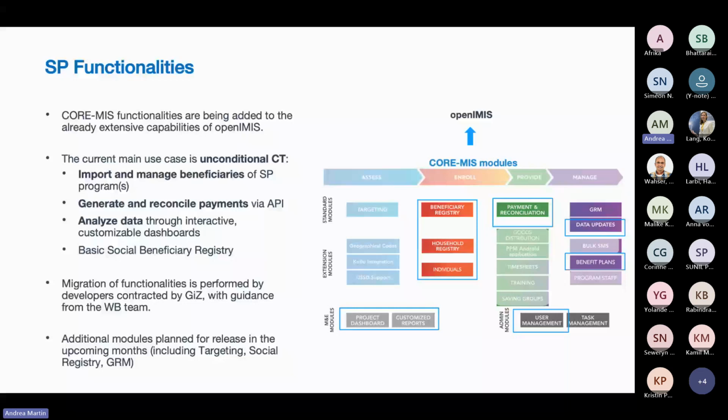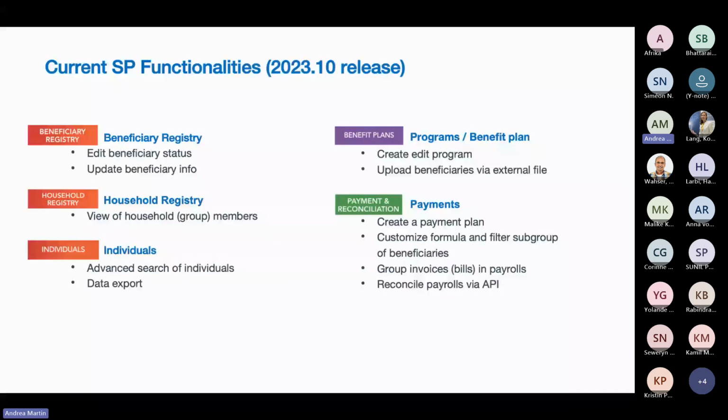So to recap, the current functionalities which have been included in the 2023.10 release are the beneficiary registry, which allows editing and updating of beneficiary information, and the household registry, which allows viewing individuals which are part of the same group.